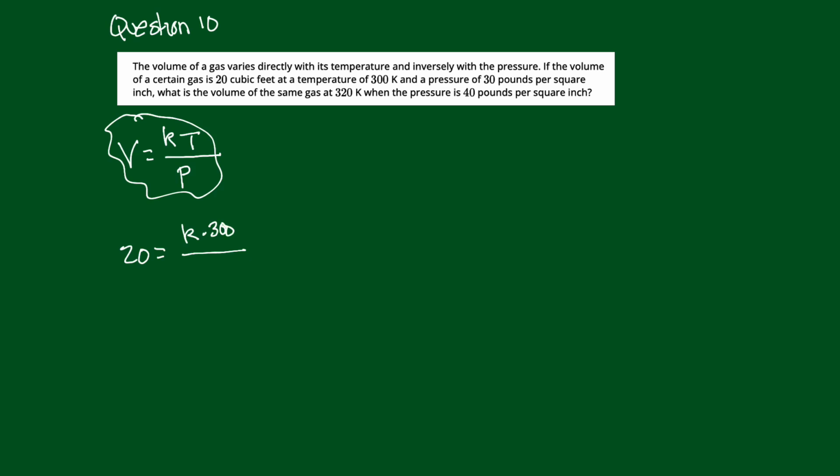When the pressure is 30 pounds. Okay, pressure is 30 pounds. All right, so first of all, that zero will go with that zero, and then I get 20 is equal to, now 330 will go 10, 10K, K is equal to 2. So put that 2 back up here into the general variation equation, and here's our particular equation. V is equal to 2T over P.